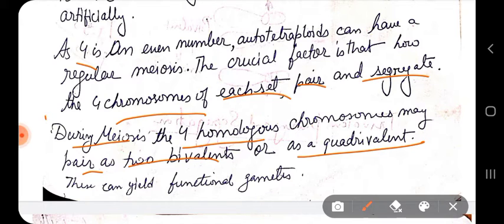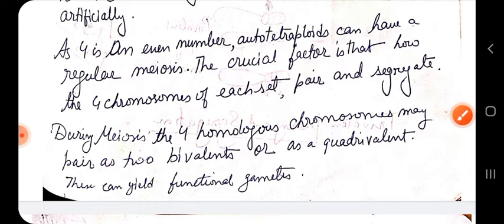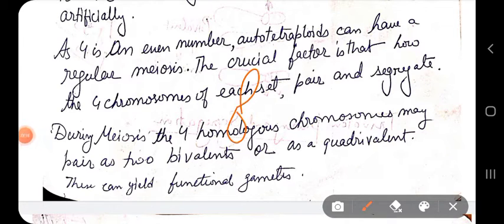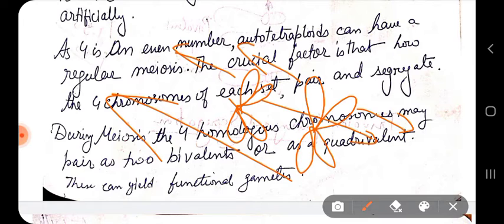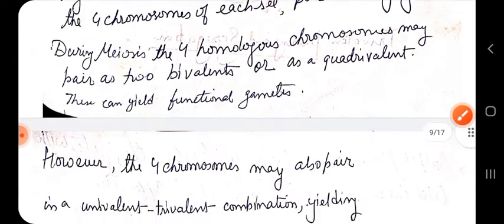One is the good, positive thing: the 4 homologous chromosomes may pair as 2 bivalents, one bivalent and another bivalent. So 2 bivalents migrate to the opposite poles equally, or as a quadrivalent, all 4 chromosomes move to one pole to form a tetraploid set, and that can yield functional gametes.